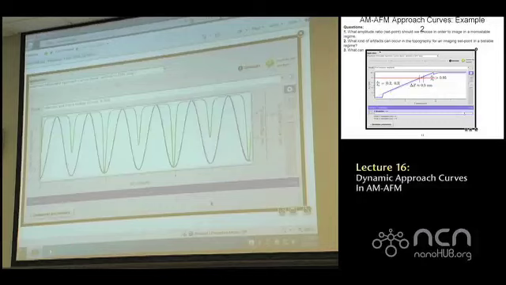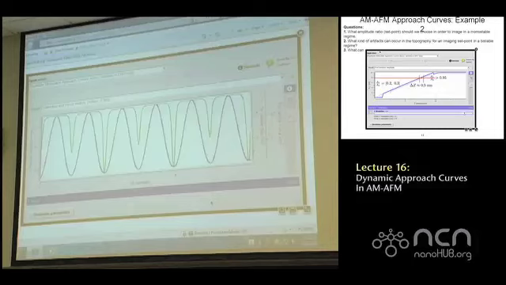Because it's a nonlinear system, it doesn't ensure that you get periodic oscillations that repeat every drive cycle. They might repeat every other drive cycle. This is what we call a period 2 oscillation, where every other drive cycle, the oscillation comes back to its original point.